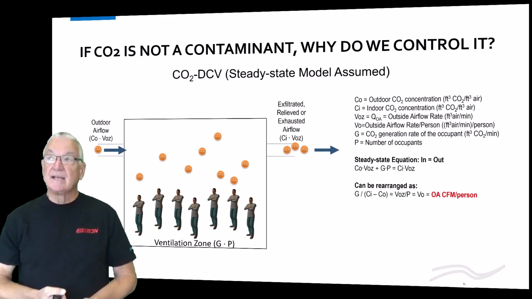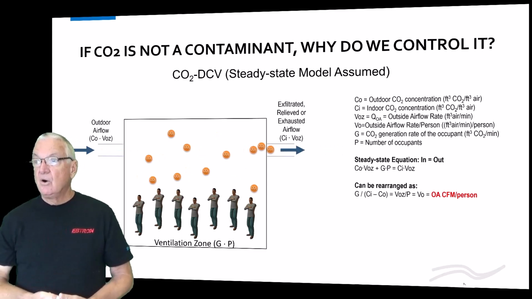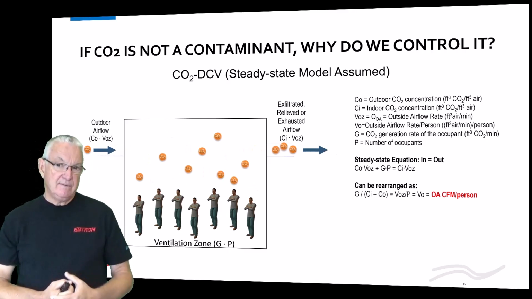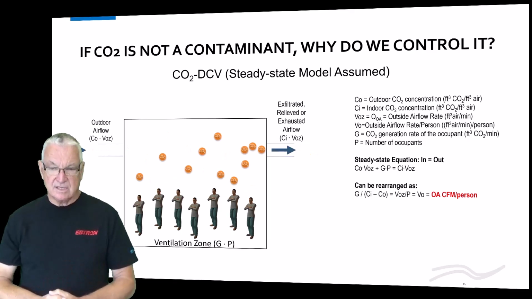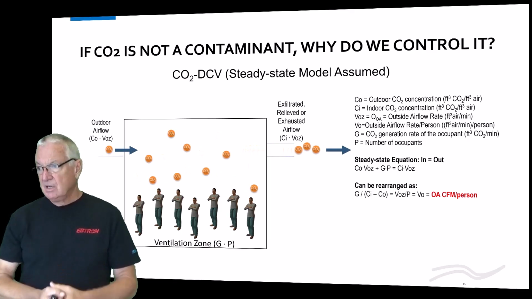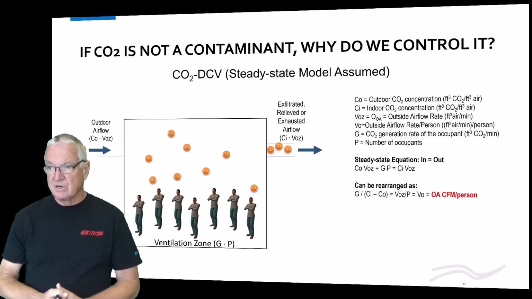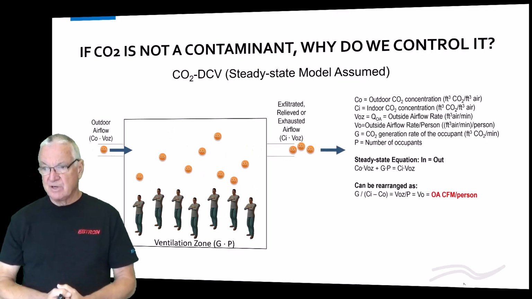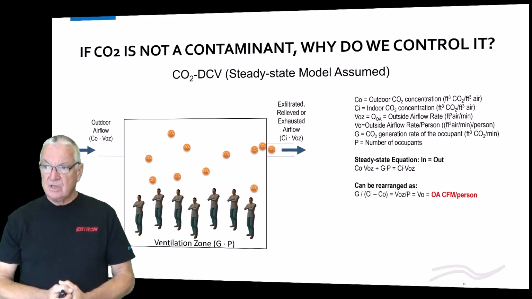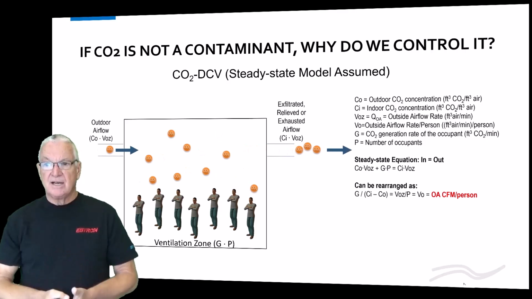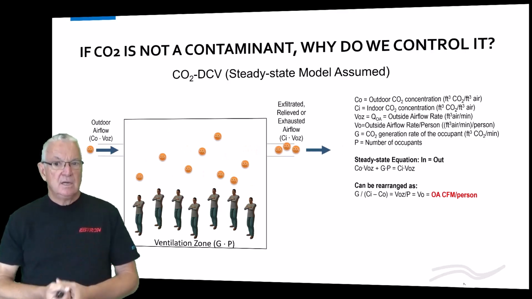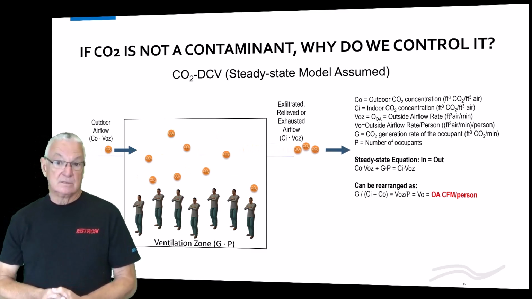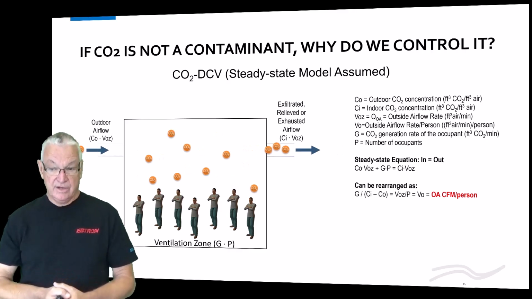Now you can go back historically and see that this makes some sense, because back in the day, previous to 2004, Standard 62 was 20 CFM per person for an office and 15 CFM per person for a classroom. And 15 CFM per person is also the amount of outdoor air required to dilute body odor of a seated adult, which is the whole basis of California's Title 24, Part 6 at least. It's based on diluting body odor.